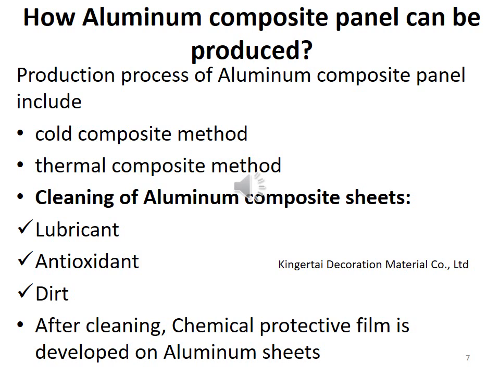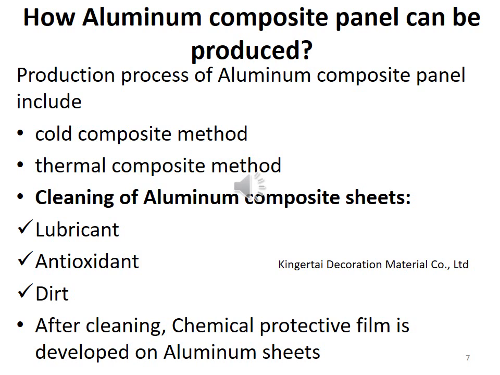In the production of aluminum coil, due to the need of the process, the surface is coated with some lubricants and antioxidant, and during transportation of these aluminum sheets, the aluminum coils catch some dirt which will affect its appearance, and this dirt must be cleaned.